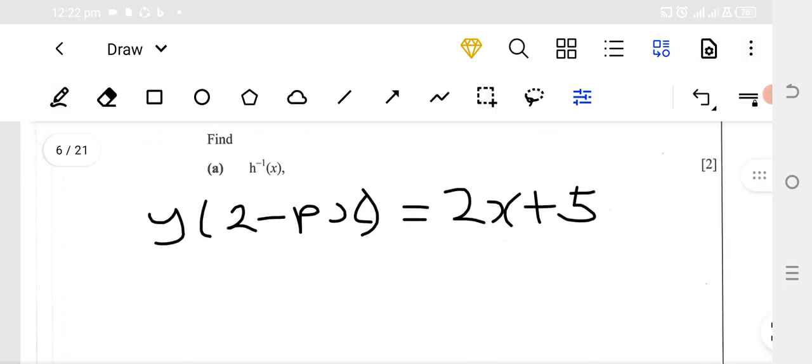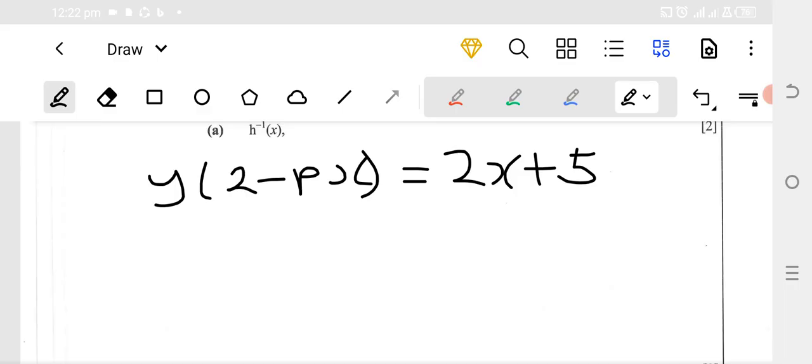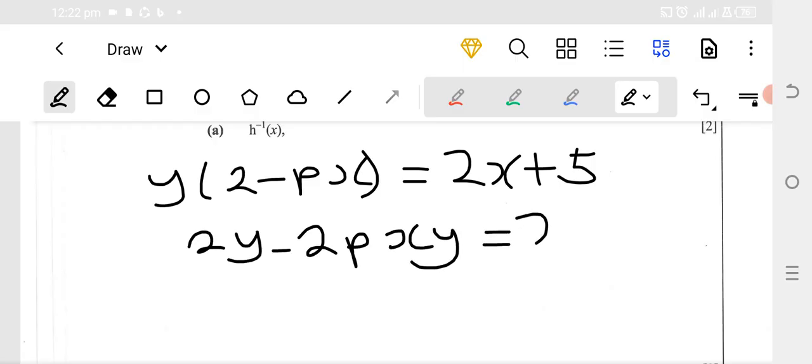So our aim is to now make x subject of the formula. First of all, let's distribute the y. So this will become 2y minus 2pxy is equal to 2x plus 5.